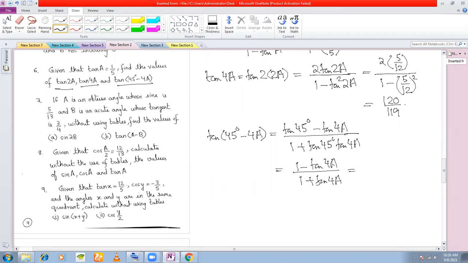Now put the value of tan 4A here. So 1 minus 120 by 119 divided by 1 plus 120 by 119. Take the LCM in the numerator and denominator and simplify. You will get this as minus 1 by 239. Okay. So I'll stop here then.